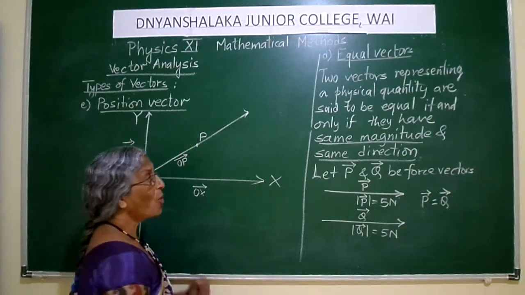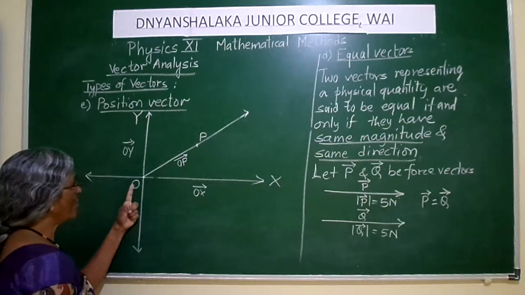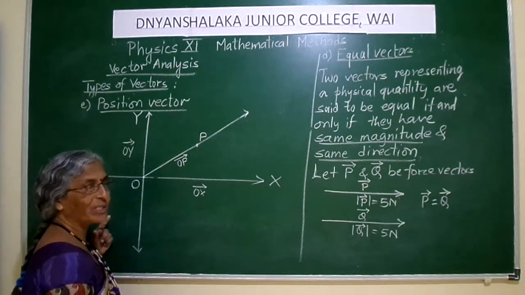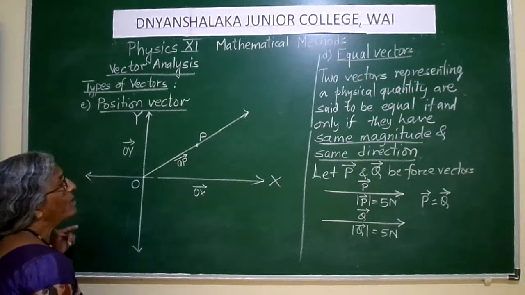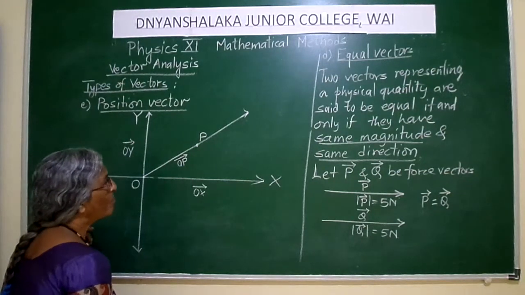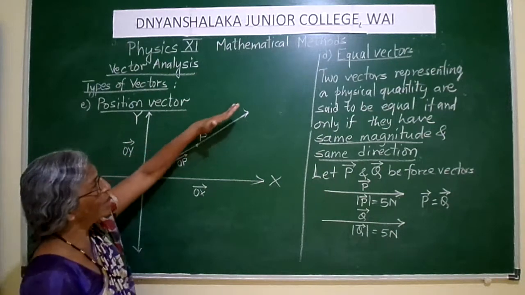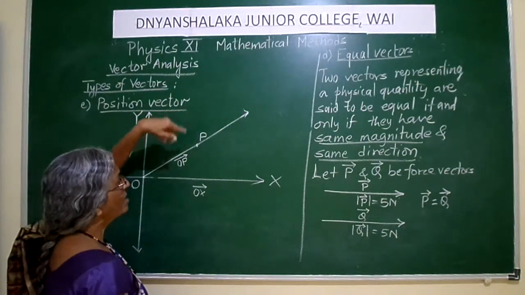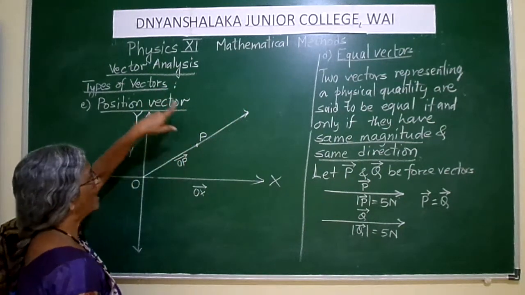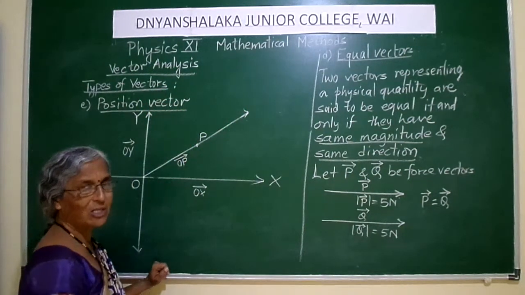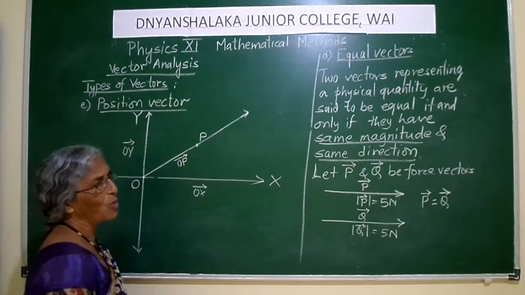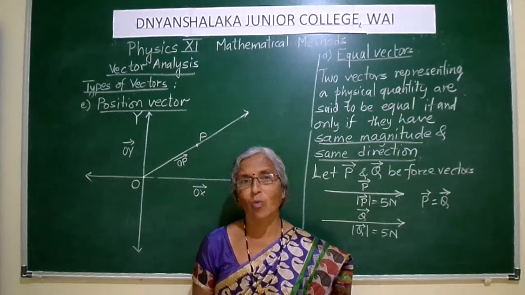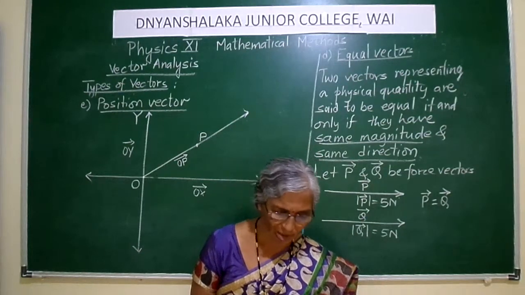So with reference to this point O, which is the origin of this coordinate system which I have selected, the direction of the point P will be represented by this vector OP. Right? So I get the position of this point P in the coordinate system. Then this vector OP becomes the position vector. What is it? Position vector.